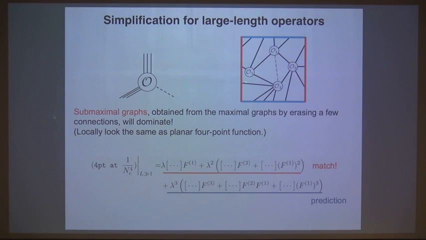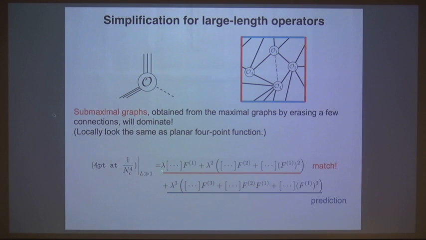The solid line indicates that there are many propagators between the operators, whereas the dashed line indicates that there are no propagators between the operators. So this graph can be obtained from the maximally connected one by erasing this connection. Taking into account this submaximal graph, we can do the computation in the large L limit.